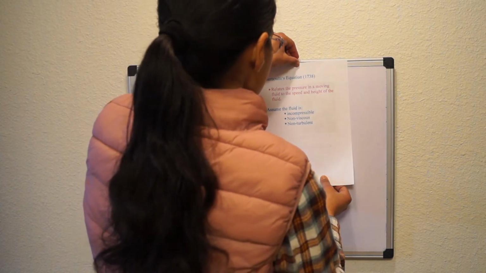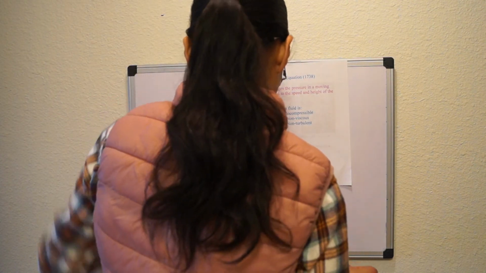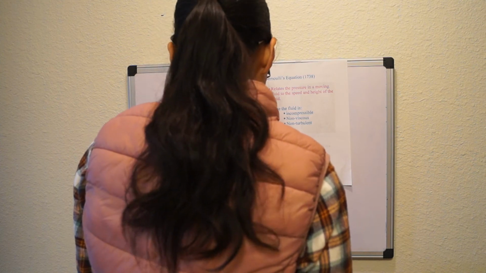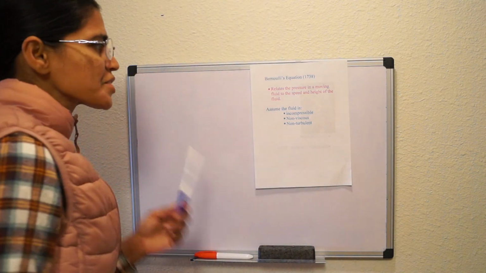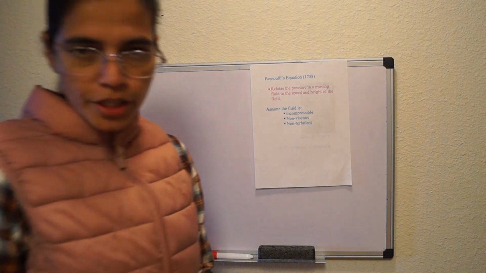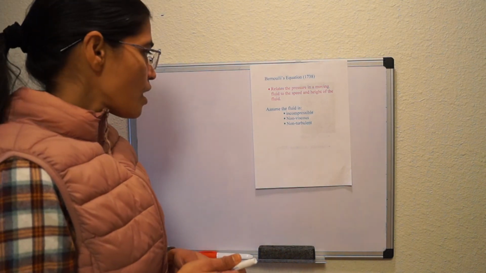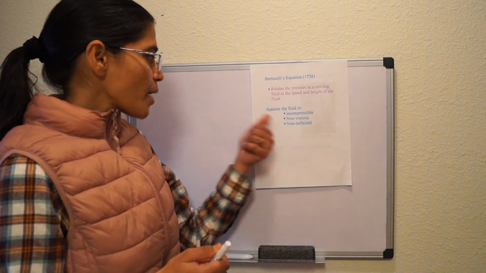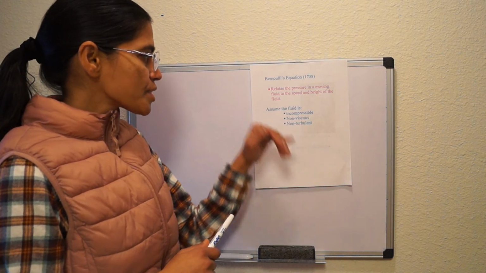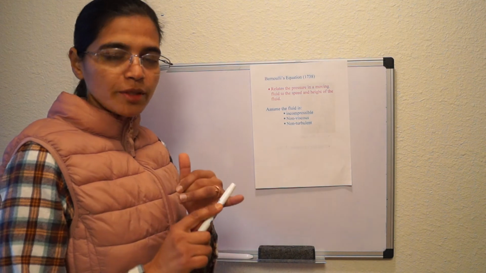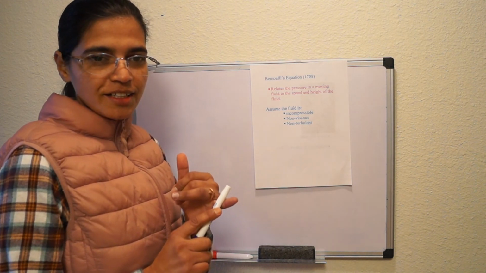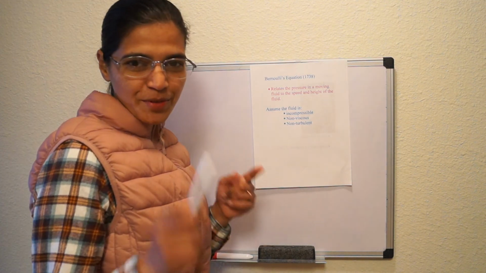So Bernoulli's equation relates the pressure in a moving fluid to the speed and height of the fluid. Again, we are going to make some assumptions here. So the fluid is incompressible. Incompressible means what? I told you guys a few minutes ago.